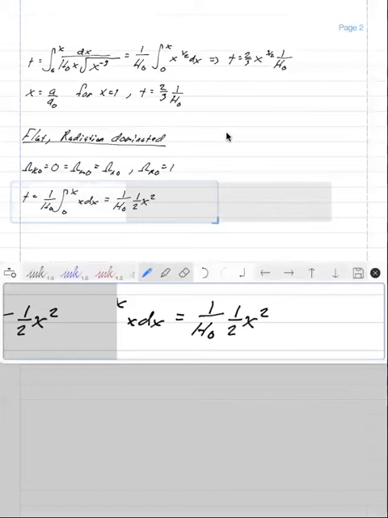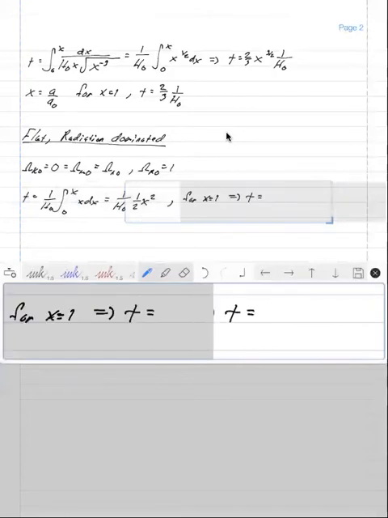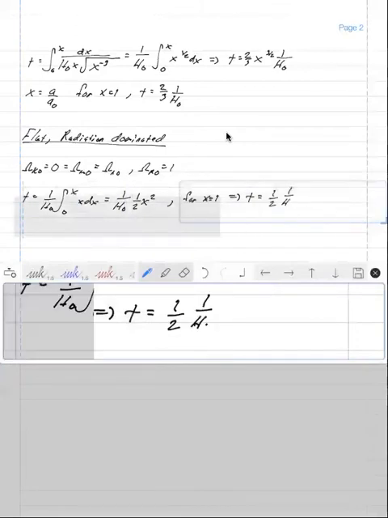That would be the age of the universe, and we plug in x equals 1 for today, where a over a naught is equal to 1. So for x equals 1, this gives us that the age is equal to 1/2 times 1 over h naught.